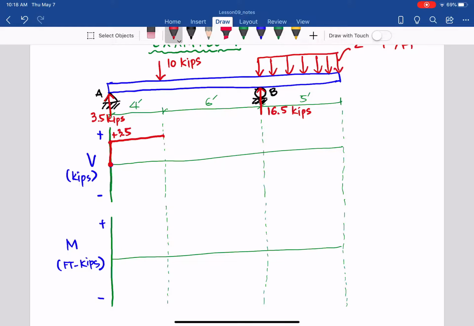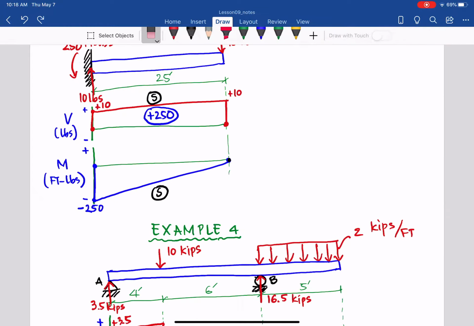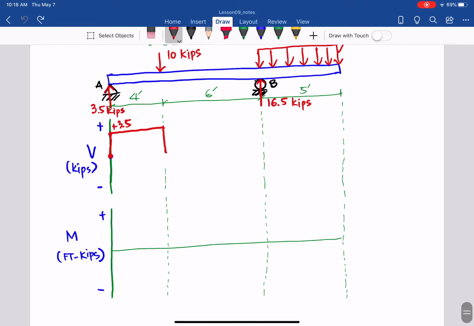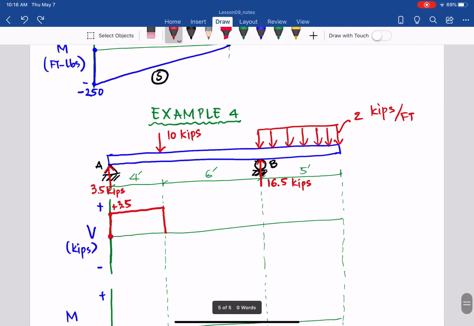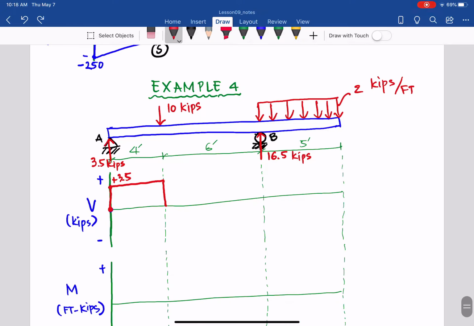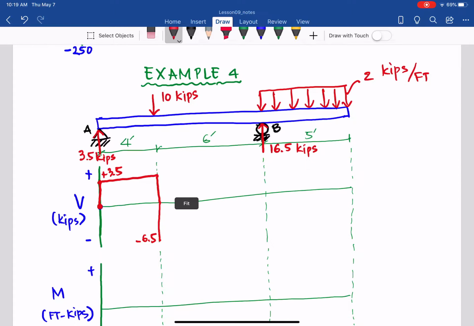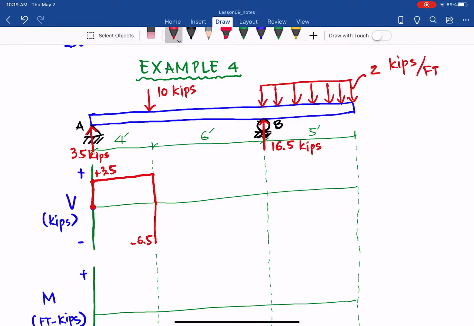Move down 10, so from 3.5 down to 0, that is 3.5, you need another 6.5 to make 10 kips. So you move down 6.5, negative 6.5. So 3.5 positive, negative 6.5. That change in the discontinuity is 10 kips, as you can see there.